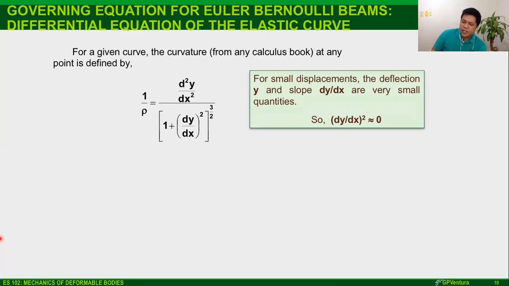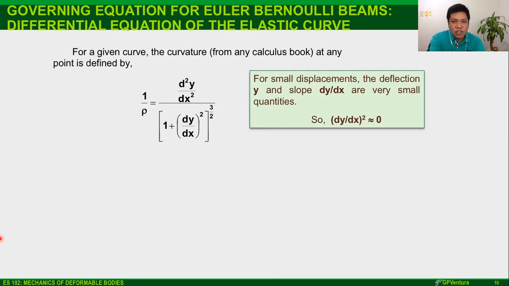Well, not just in ES 102, but at the end of the day, our goal is to have unnoticeable displacements, very small displacements, unseen to the naked eye even, such that the deflection, y, and the slope are very small, okay, such that I can say that if dy over dx is very small, dy over dx squared is just approximately equal to 0. Something small, if I square it, it's approximately equal to 0.